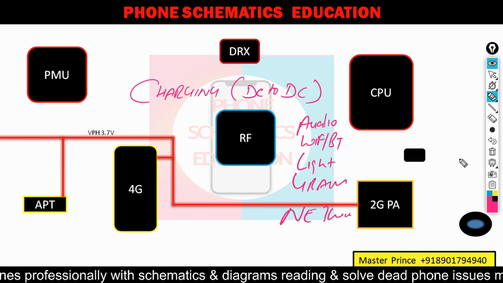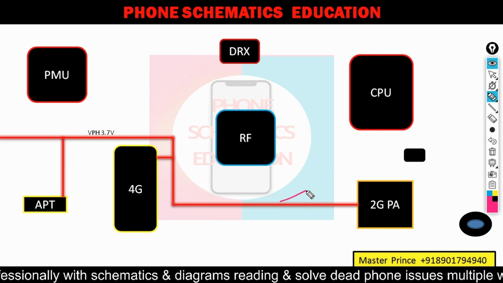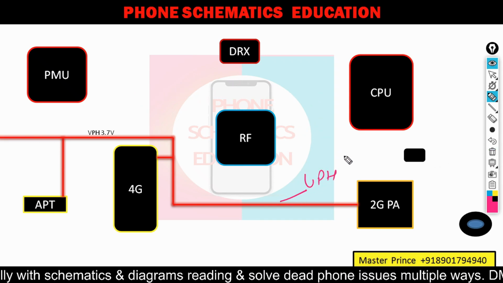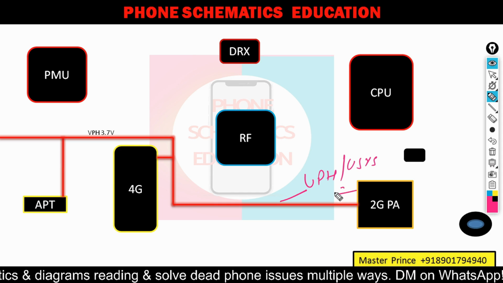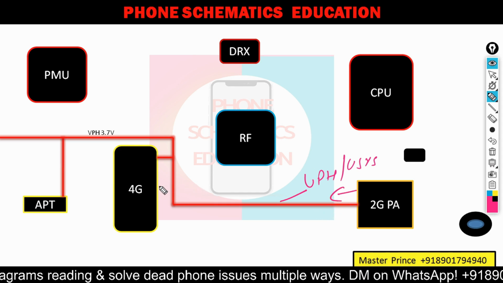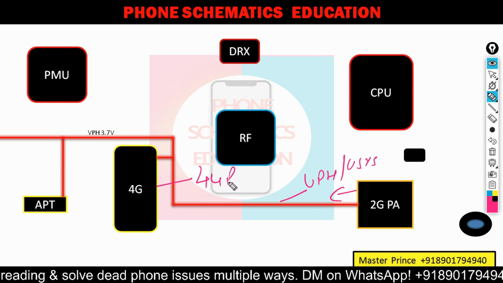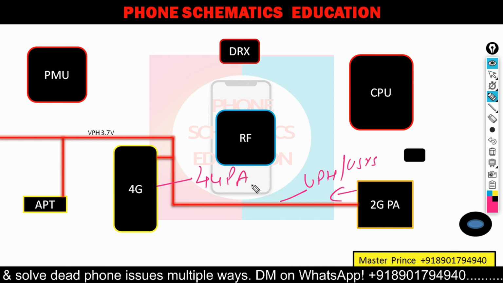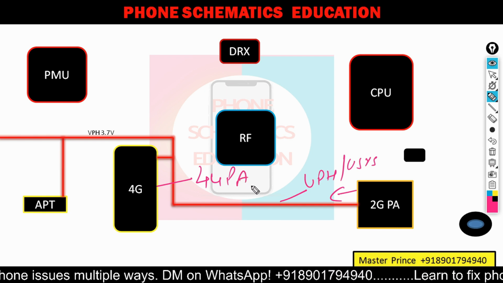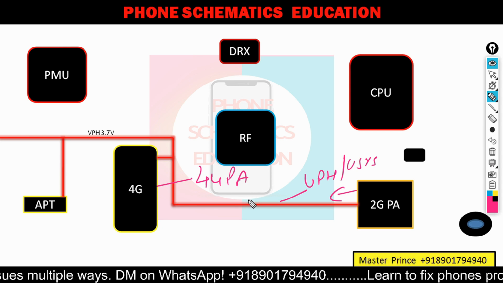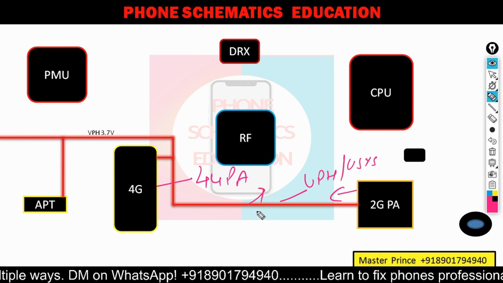In the network section, the VPH, or in MediaTek we call it VSYS, goes to this 2GPA and this 4GPA. Both are amplifiers to amplify the signal, so they need main power to run. That's why the power is connected.